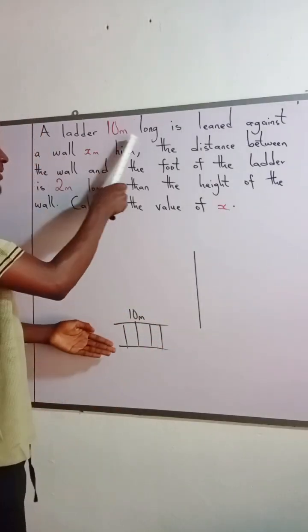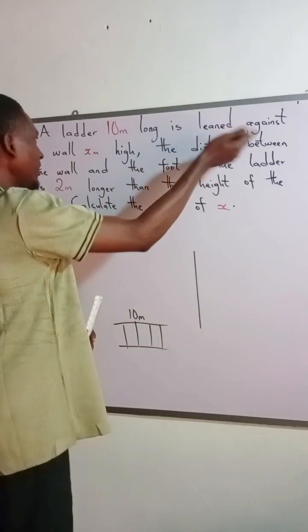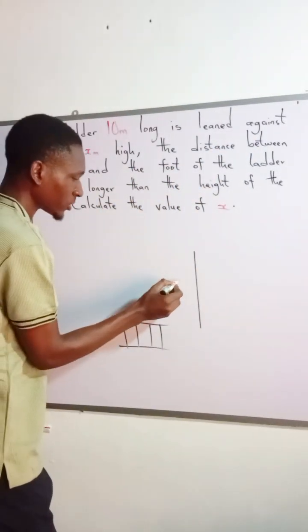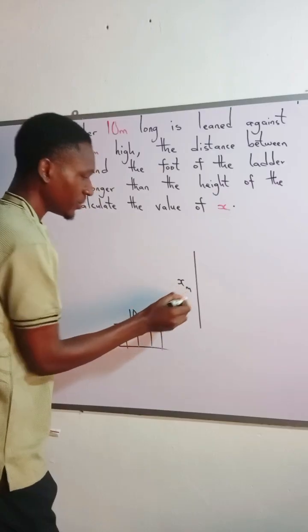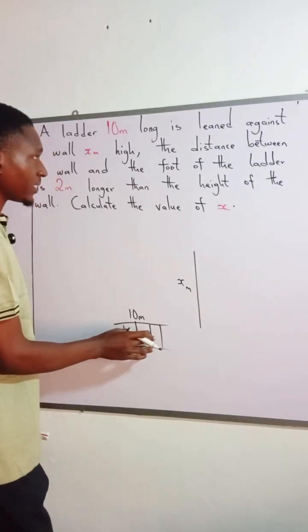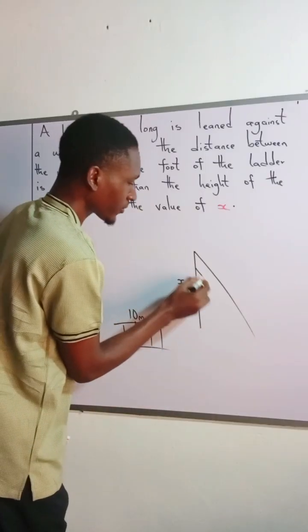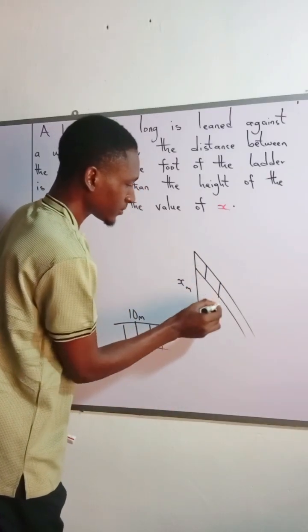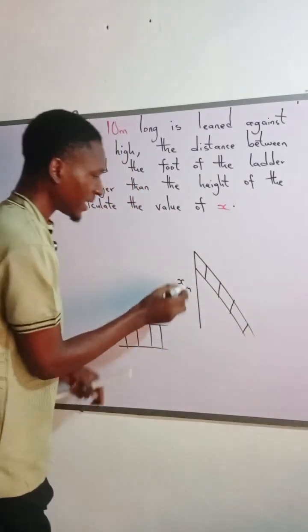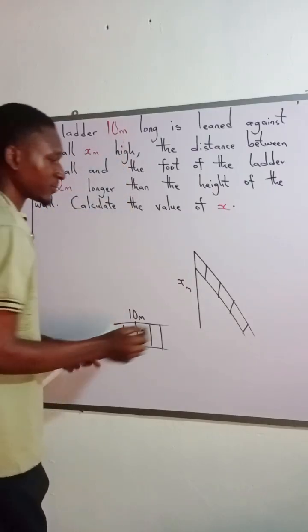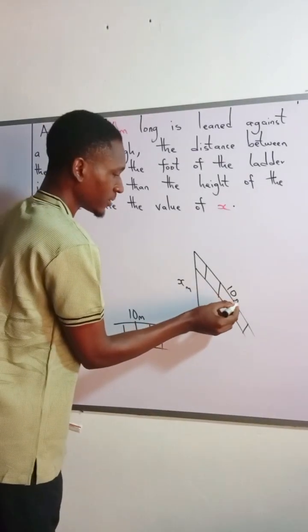Here is the ladder. The ladder is 10 meters long. It's leaned against a wall x meters high. This is the wall, and the wall is x meters. And this ladder of 10 meters is leaned against this wall, something like this. Remember, the ladder is 10 meters.